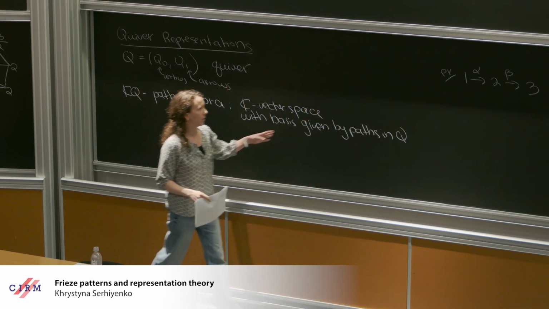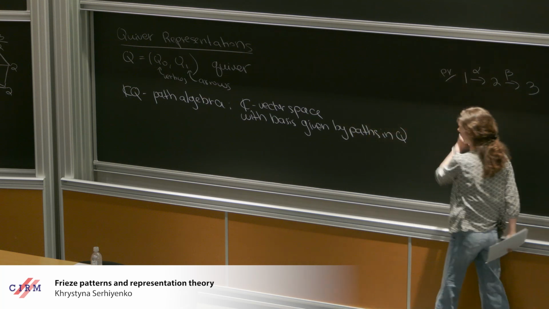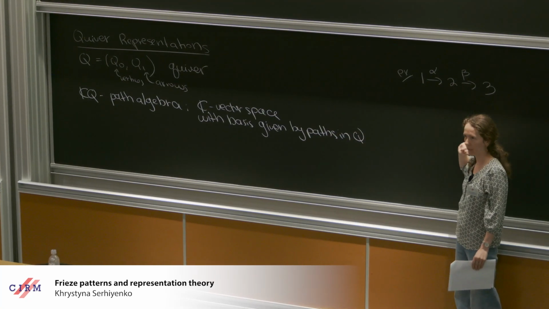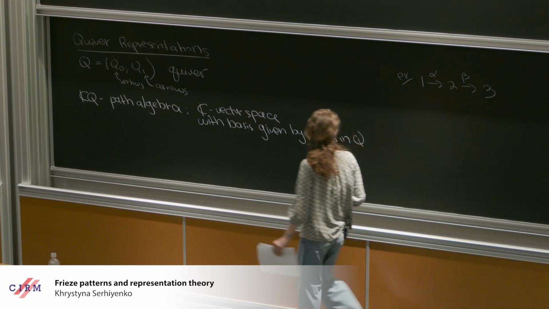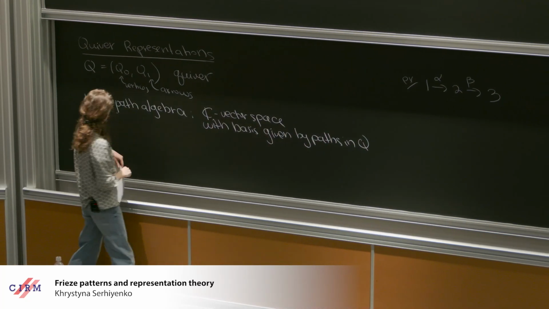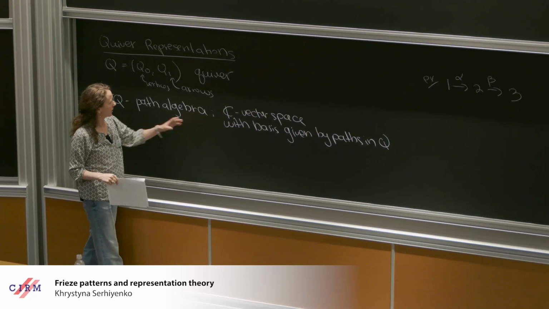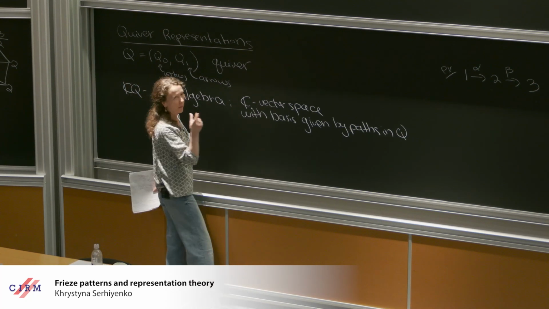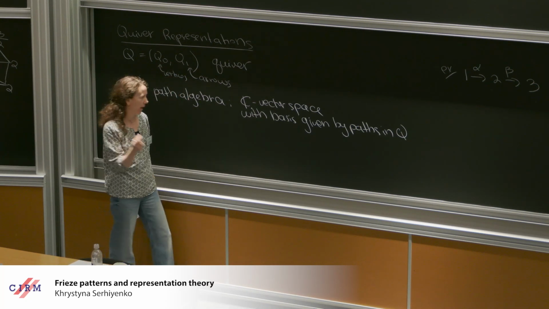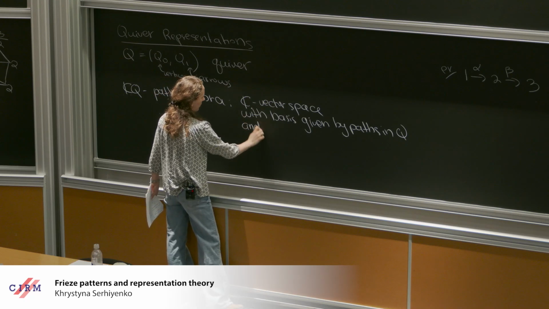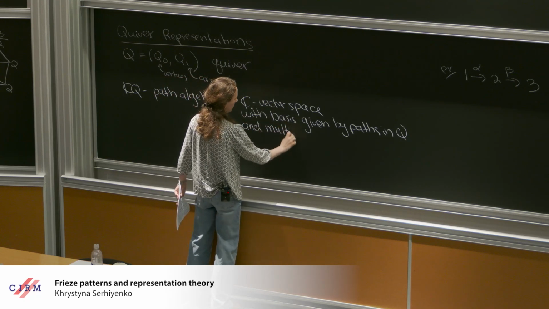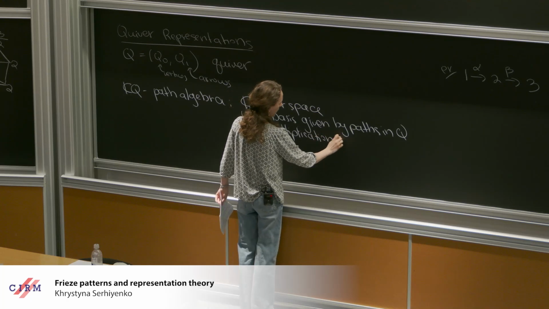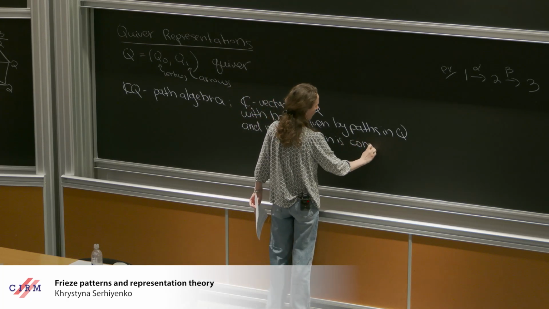For example, in here I have a path alpha, so that's one basis element. I have a path beta. I also have a path alpha beta, and so on. And then, that's as a vector space, and this is an algebra, so I also have multiplication. And multiplication is given by concatenation or composition of paths.